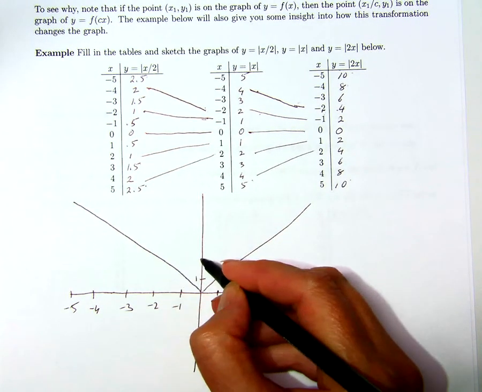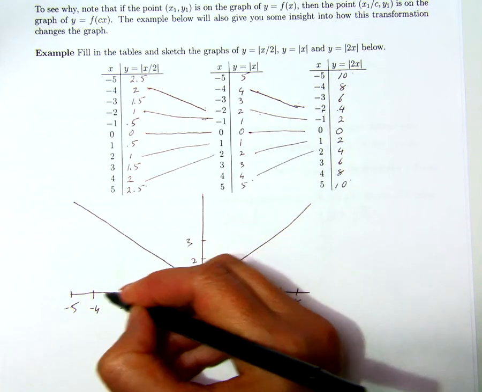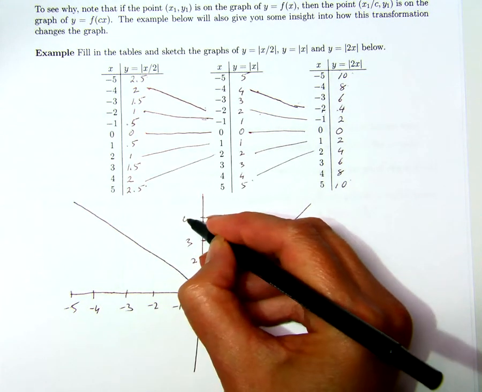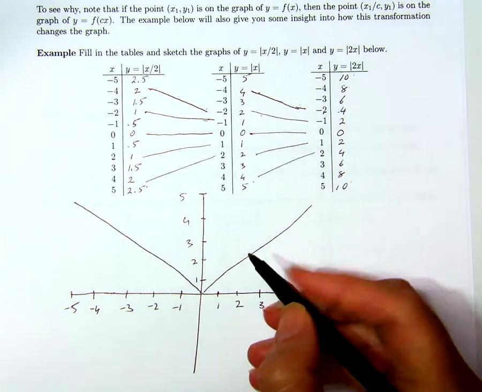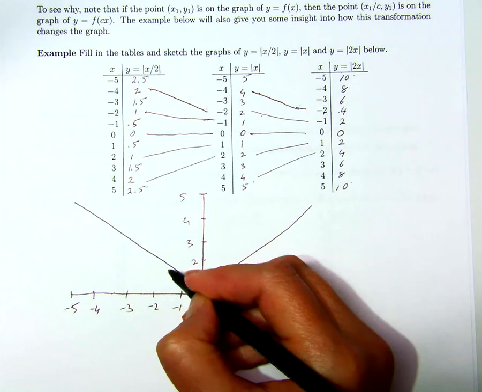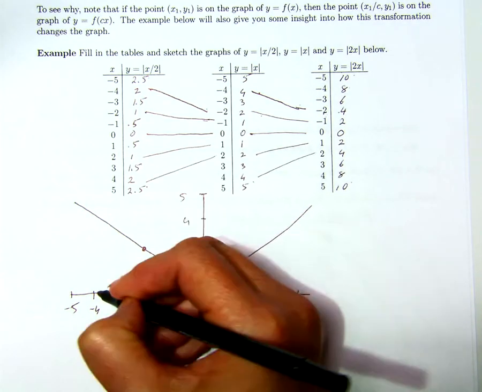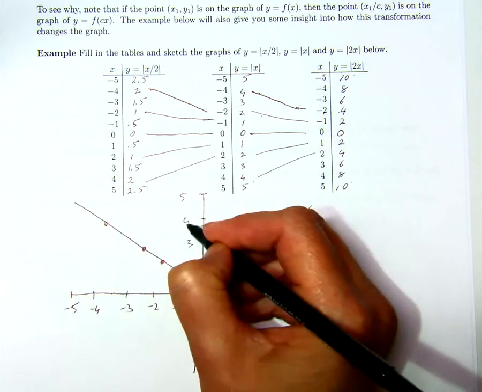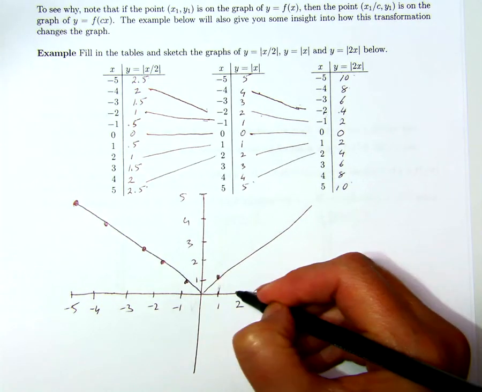This one's 1, this one's 2, 3, 4, 5. So we have the points -1, 1, -2, 2, -3, 3, -4, 4, -5, 5. Same points here.